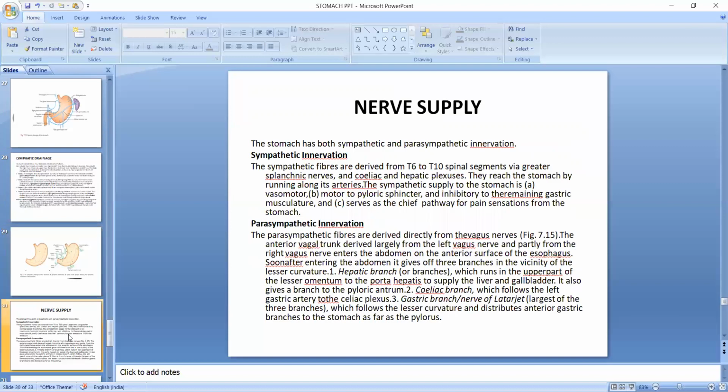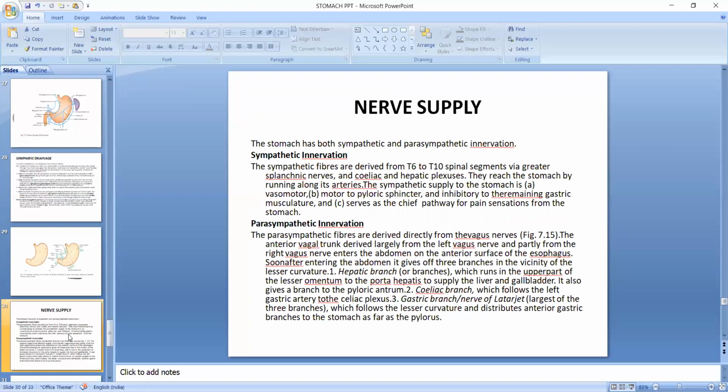Now the nerve supply. The stomach has both sympathetic and parasympathetic innervation. Sympathetic innervation is derived from the T6 to T10 spinal segments via the greater splanchnic nerves and the celiac and hepatic plexuses. They reach the stomach by running along its arteries.